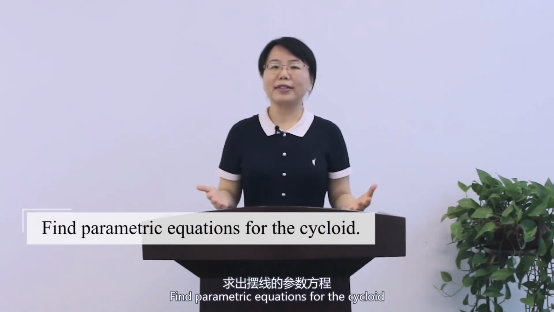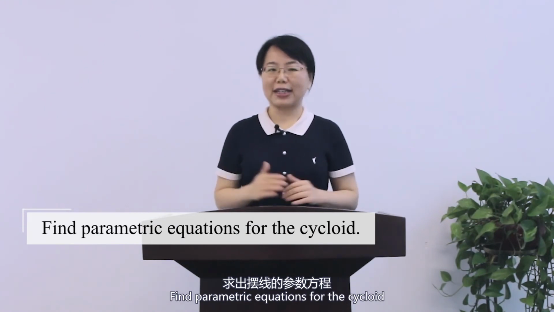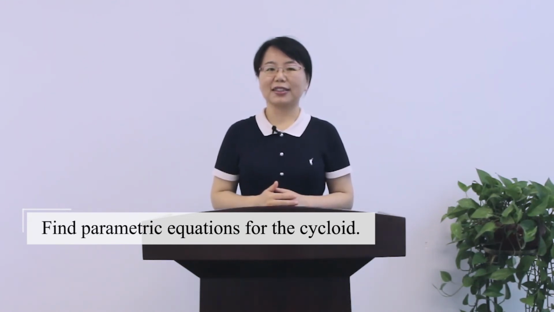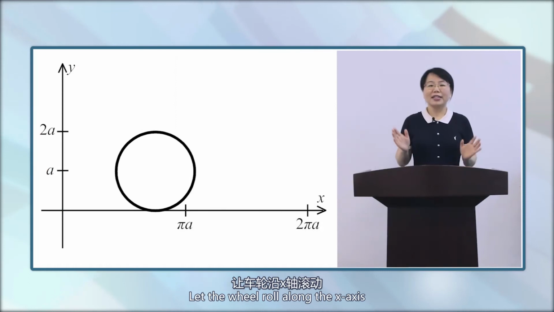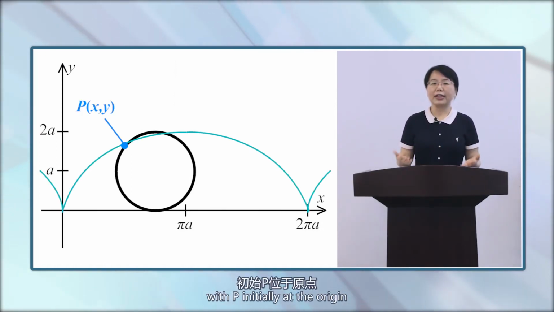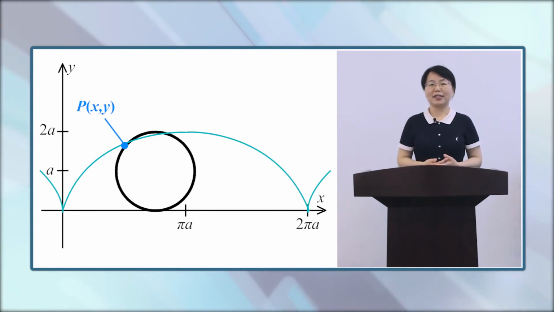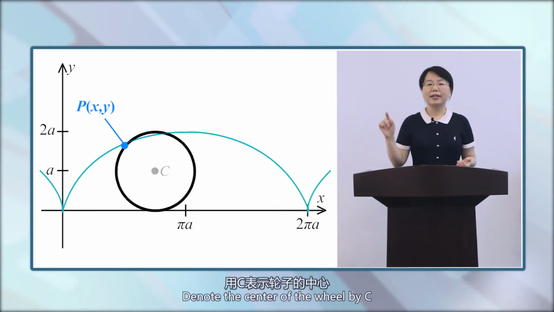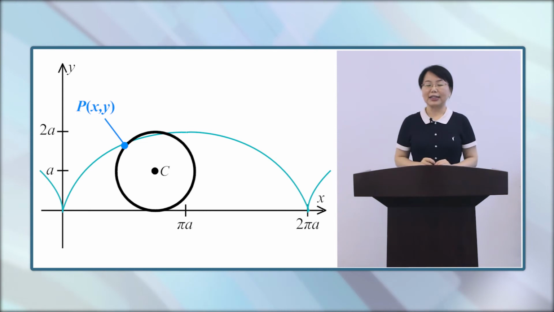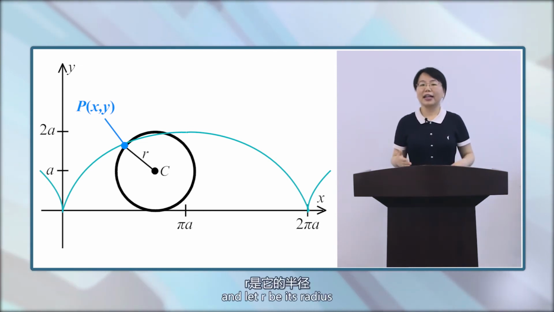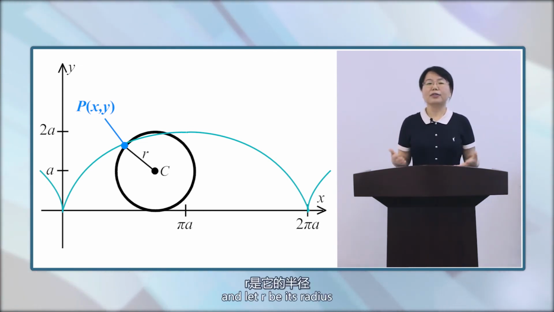Just now we analyzed it. Now let's solve it step by step. Let's find the parametric equation for the cycloid. Let the wheel roll along the x-axis with P initially at the origin. Denote the center of the wheel by C, and let r be its radius.